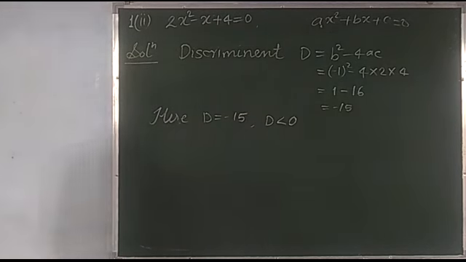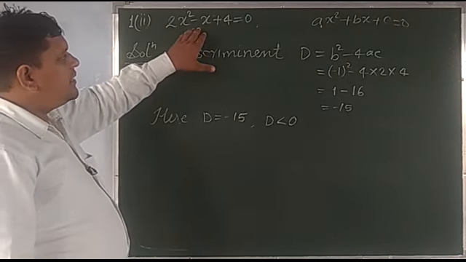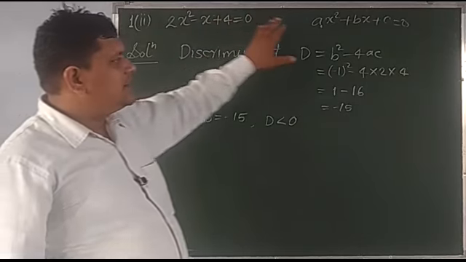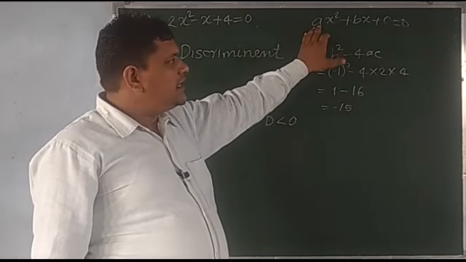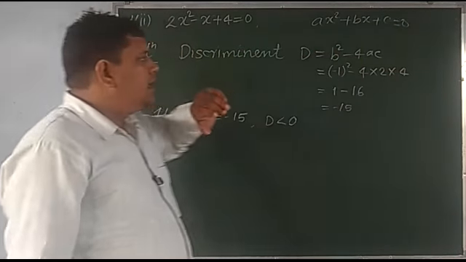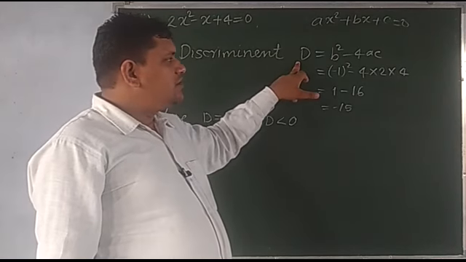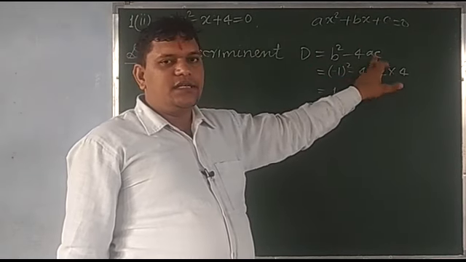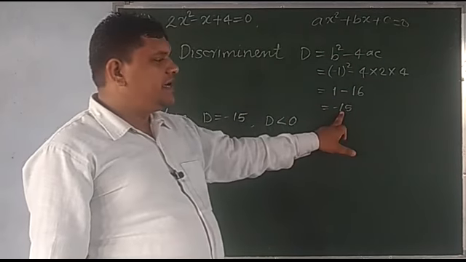Is it clear? Once again, first of all we will compare the given equation with the standard quadratic equation ax square plus bx plus c is equal to 0, and find the discriminant. Discriminant d is equal to b square minus 4ac. Put the values of a, b and c, we get minus 15.